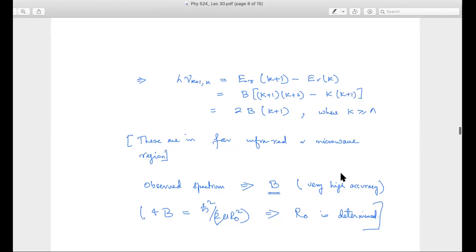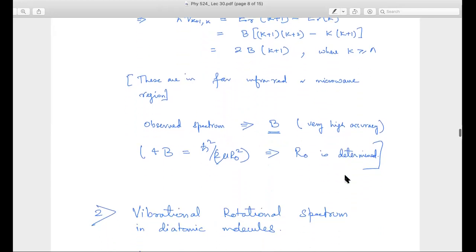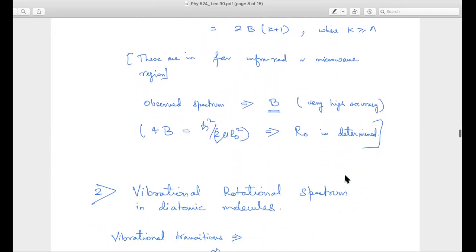We are able to calculate b to reasonably high accuracy. Once you have b, you can easily calculate r0 using the relation that b is h bar squared divided by the moment of inertia, so h bar squared by 2 times mu r naught squared, and mu I roughly know from other experiments. Then you can just determine r0. So this is roughly one way to determine r0.